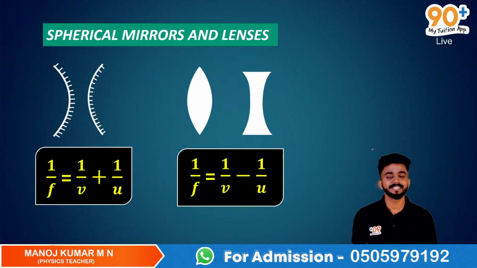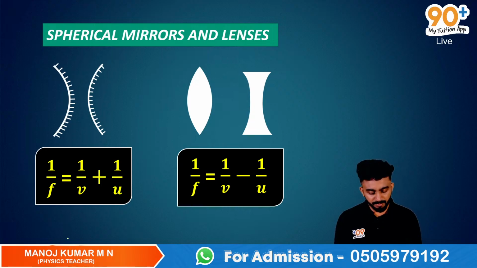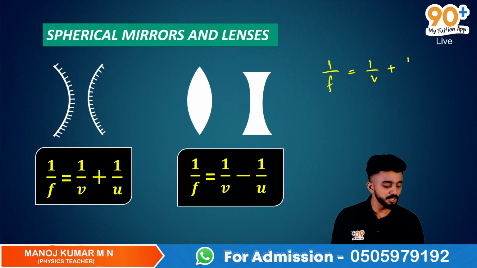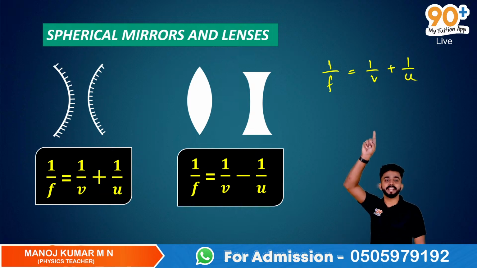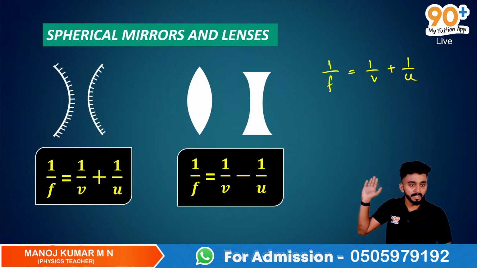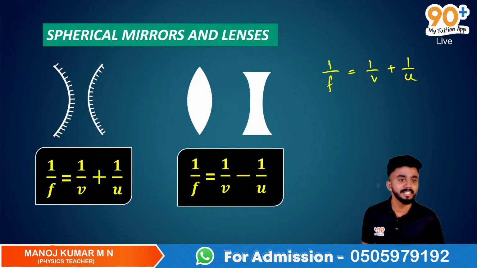Clear, guys? When it comes to mirrors, we have the equation 1/f = 1/v + 1/u. That is the mirror equation. It is plus, right? 1/v plus 1/u. But when it comes to the lens equation, the game is different.